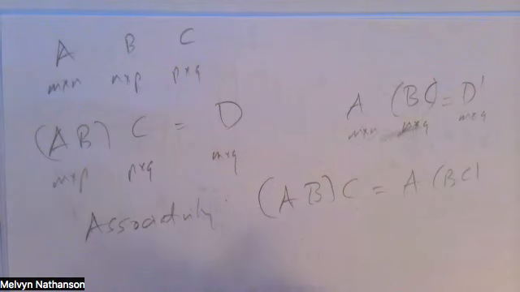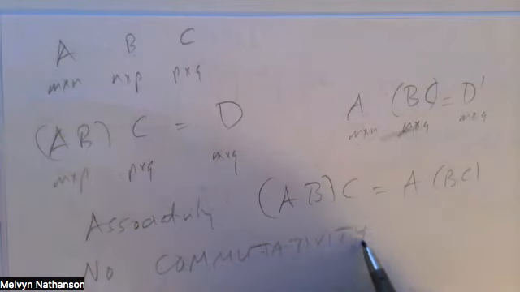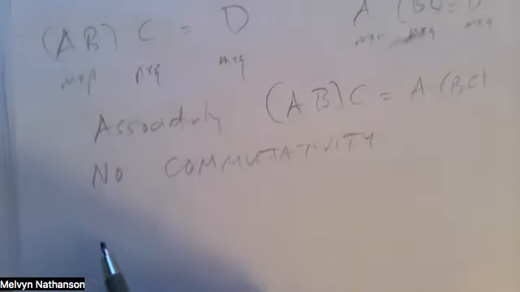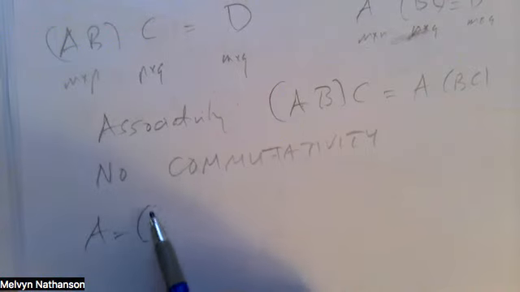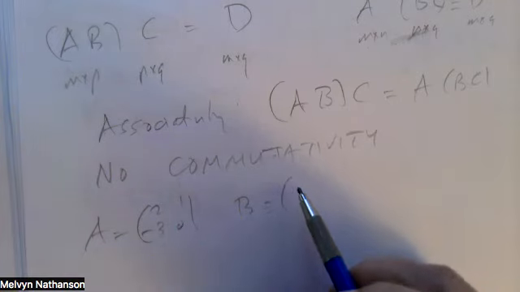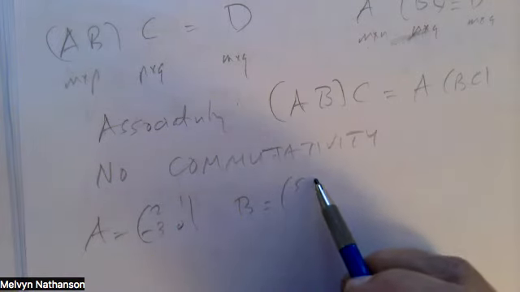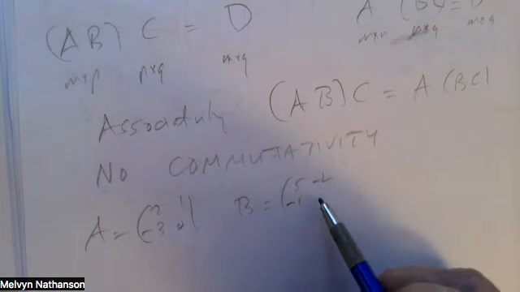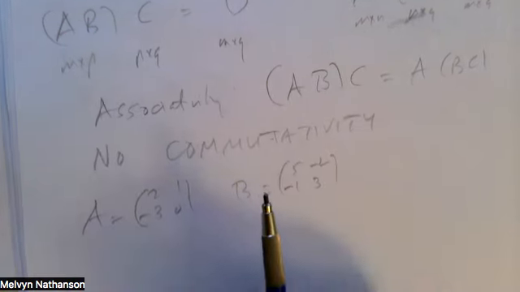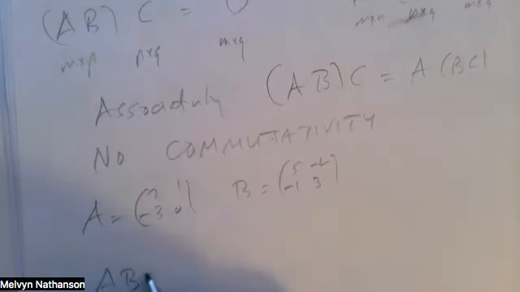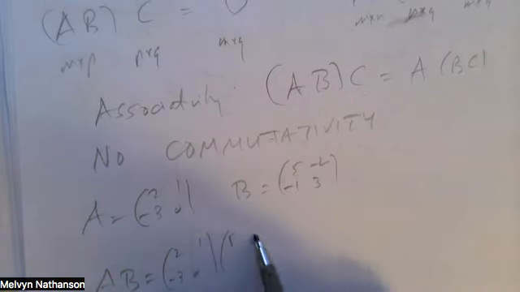What you do not have is commutativity. So for example, if I let A be the matrix 2, 1, minus 3, 0, and B be the matrix 5, minus 2, minus 1, 3, just random matrices. What is A times B? 2, 1, minus 3, 0, times 5, minus 2, minus 1, 3.